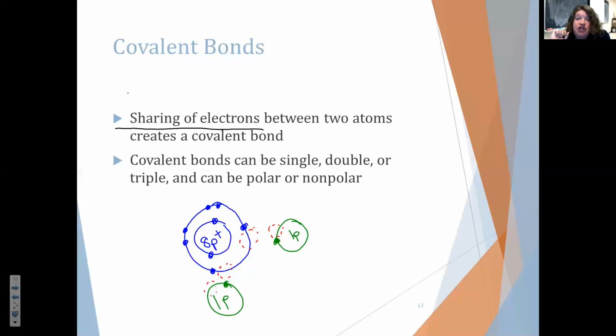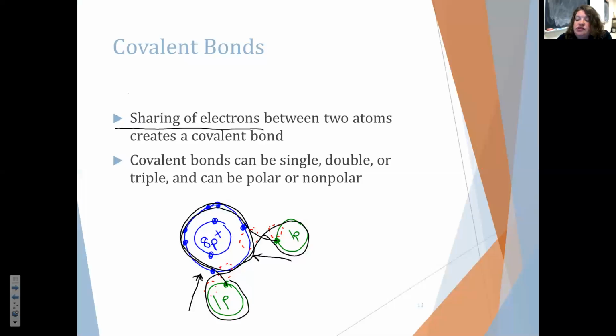Now here's where I wish I could animate this, because what I would do is I would slide this hydrogen atom much closer, and this hydrogen atom much closer to show you that they could share this pair of electrons. So sometimes both of these electrons go around oxygen, and then sometimes they both go around hydrogen.